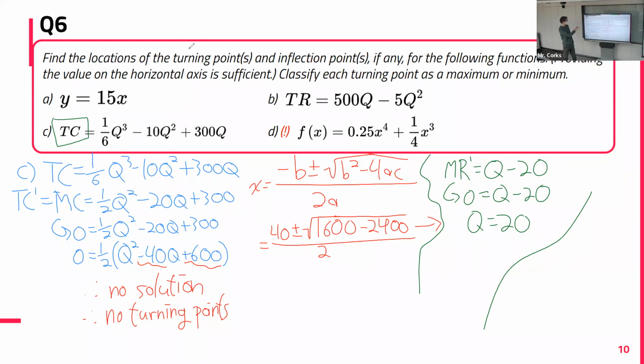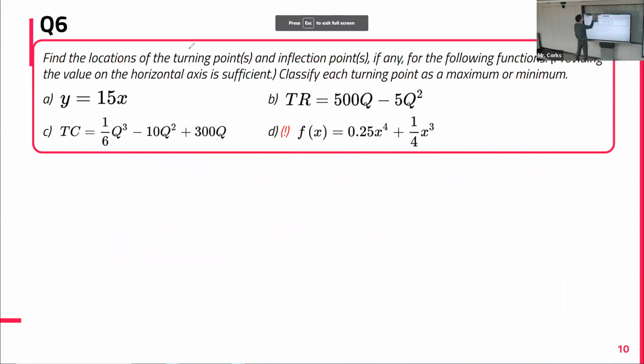Anyways, so that's this one, and we can look at the last one here, D. I'm not going to write out the original function. Let's just go first straight to our first derivative, which is what? x cubed plus 3 over 4 x squared. And we set this equal to 0.